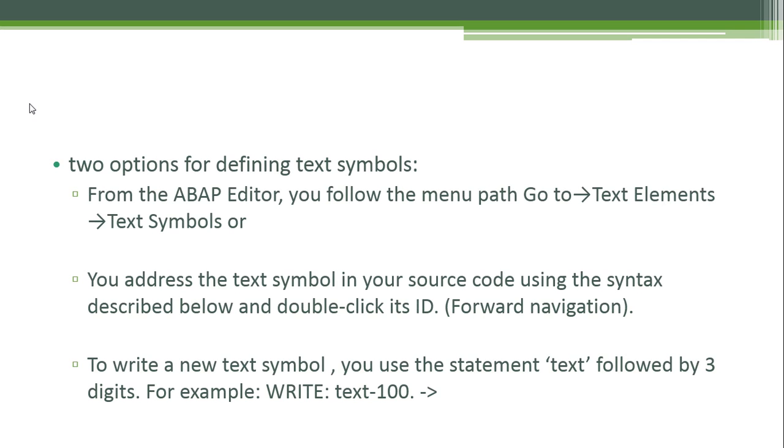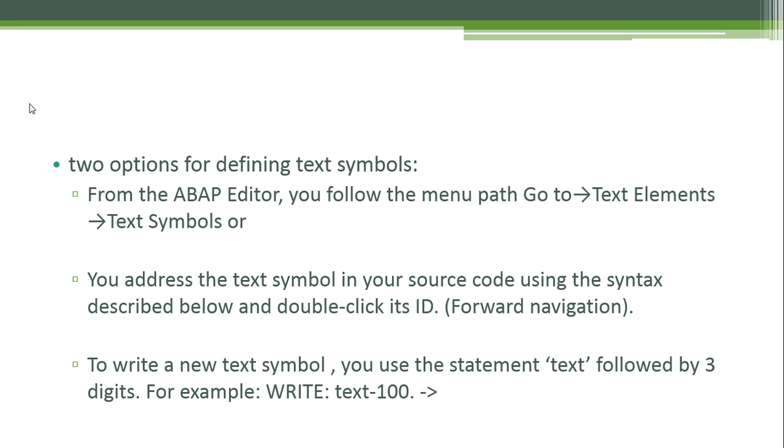From the ABAP editor, you follow the menu path Go to Text Elements, Text Symbols, or you address the text symbol in your source code using the syntax described below and double-click its ID. This is called forward navigation. To write a new text symbol, you use the statement text followed by 3 digits.